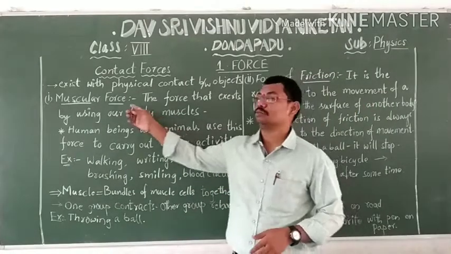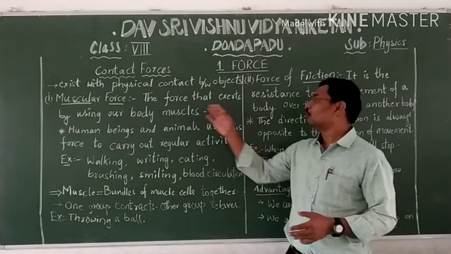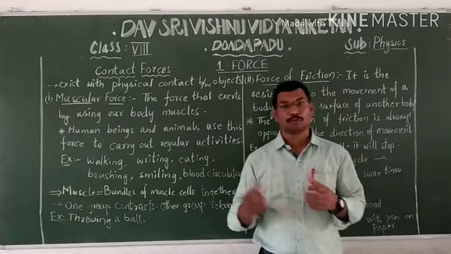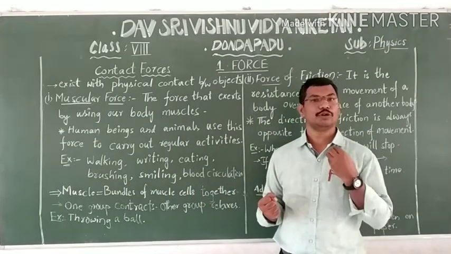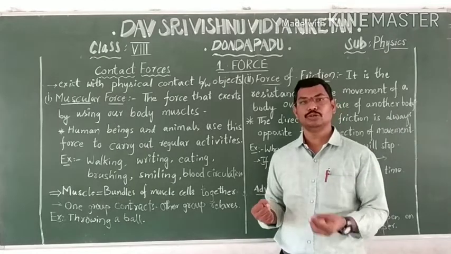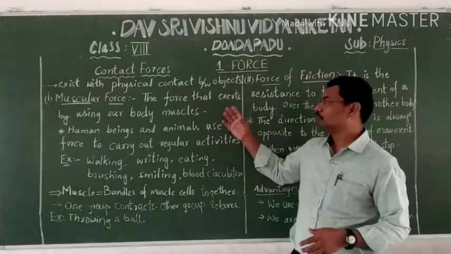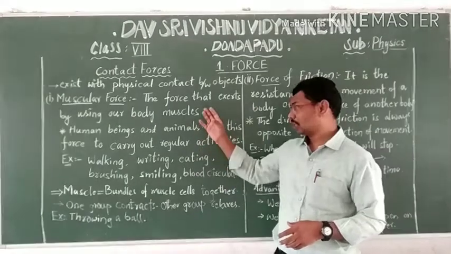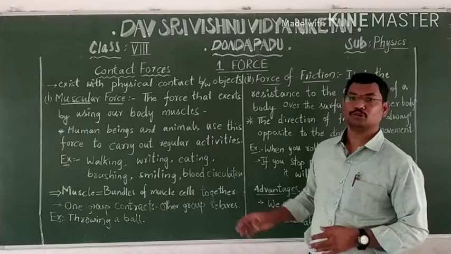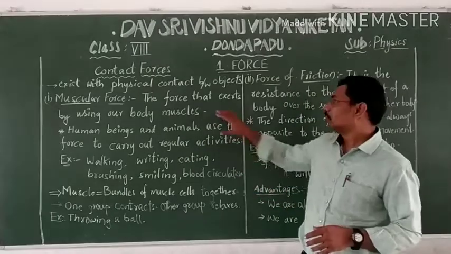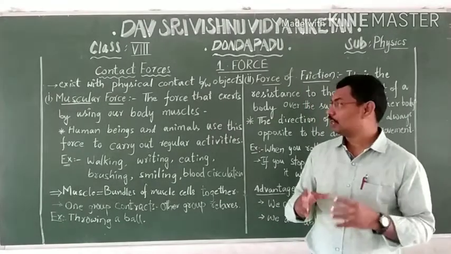First one, muscular forces. Muscular force means the force that is exerted by using our body muscles. If we want to do some work, we need to use our muscles, with our hands and so on, so we need to apply some force. The force exerted by using our body muscles is known as muscular force.